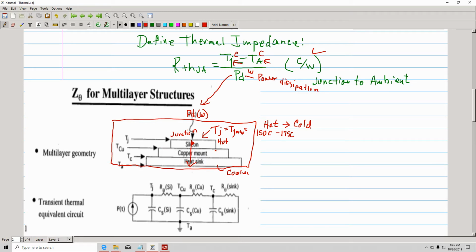So at this point, if you notice this is TC, that's the temperature to the case. I'm sorry, it's to the copper. In this particular example, they're using the copper. From here to here, there's a delta temperature. This delta would be the delta from the junction to the copper.